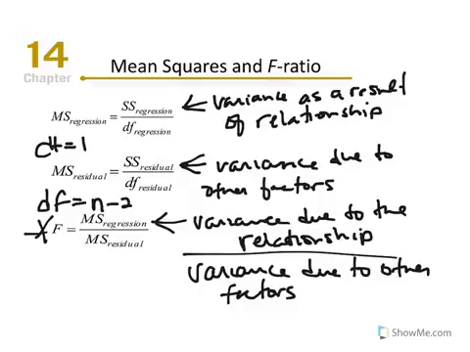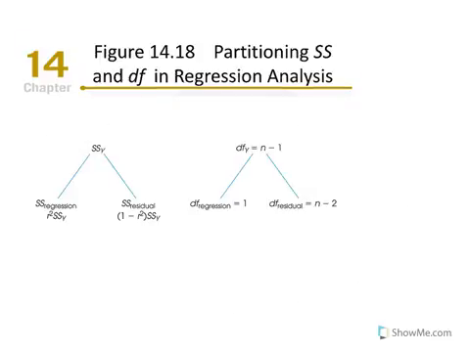And once we calculate our F ratio, it'll be a process of comparing that F statistic to a critical F, using the degrees of freedom regression and degrees of freedom residual to enter our F table and find our critical F and make the comparison. If our F ratio calculated is larger than the critical F, we get to reject the null hypothesis. And if it isn't, then we fail to reject the null hypothesis.